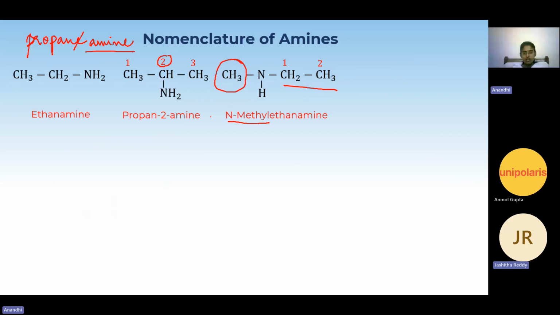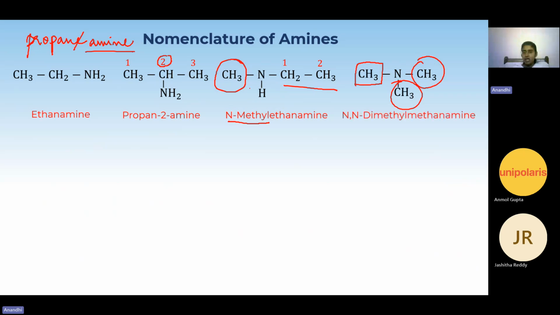Now for this fourth compound, trimethylamine, with only 1 carbon, only 1 substituent will be taken as the parent chain and the remaining 2 will act as substituents. So let me take this as my parent chain, and these 2 will act as substituents. Both substituents are attached to nitrogen, so it will be N,N-dimethylmethanamine.